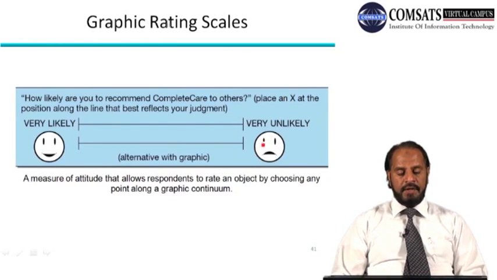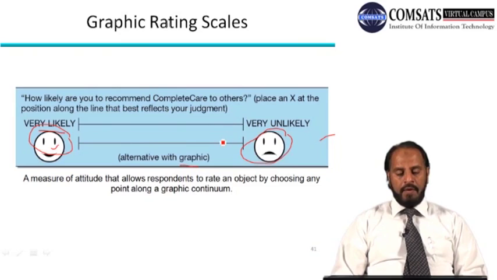Here you could use a graphical image to indicate not just the words, but graphically it's sometimes useful. You can use a smiley face or a different kind of image indicating the choice of an individual in a graphic way. So this is another way of indicating your like and dislike of a particular variable.